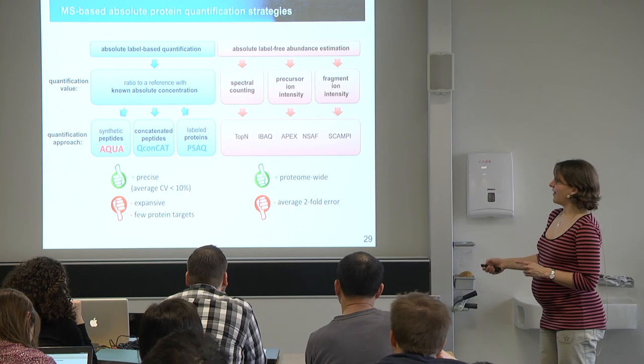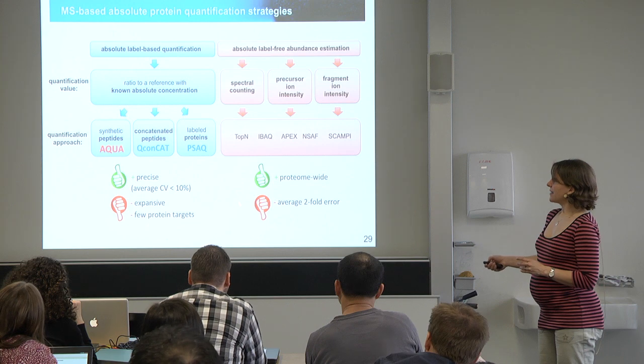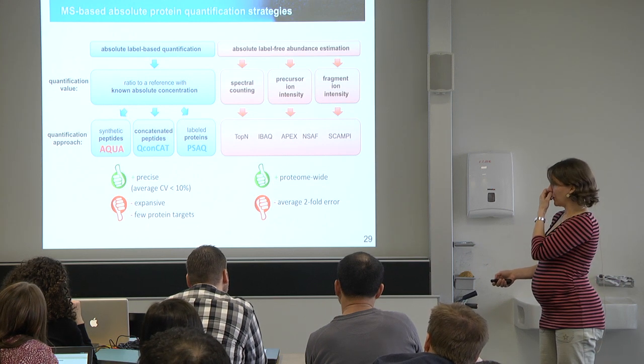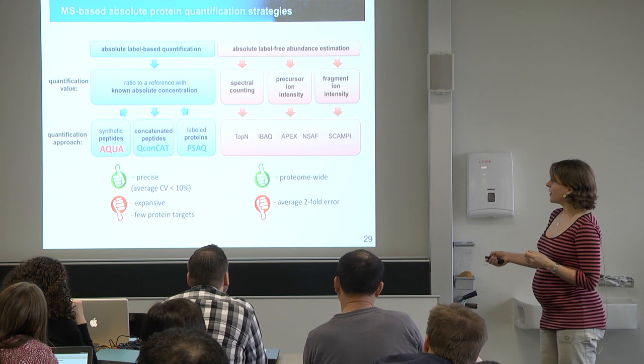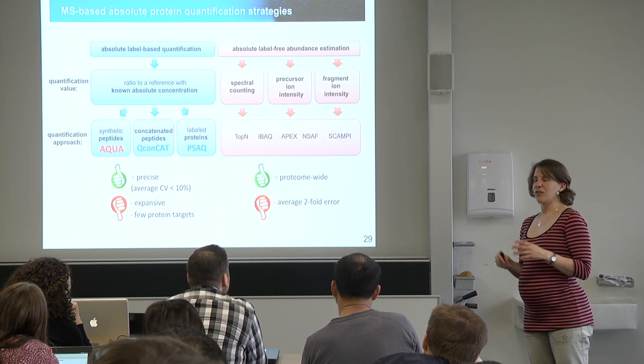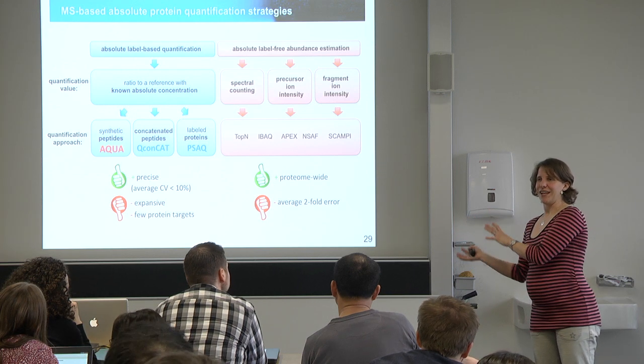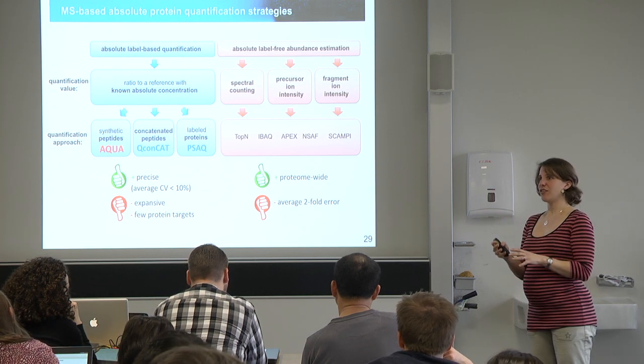The general advantages of isotope labeling are, as usual, that it is more precise, but expensive and limited to just a few targets. The big advantage of absolute label-free is that you can do it proteome-wide, so for all the peptides that you identify and quantify, you can report an absolute value in the end, and you really do a large-scale analysis.